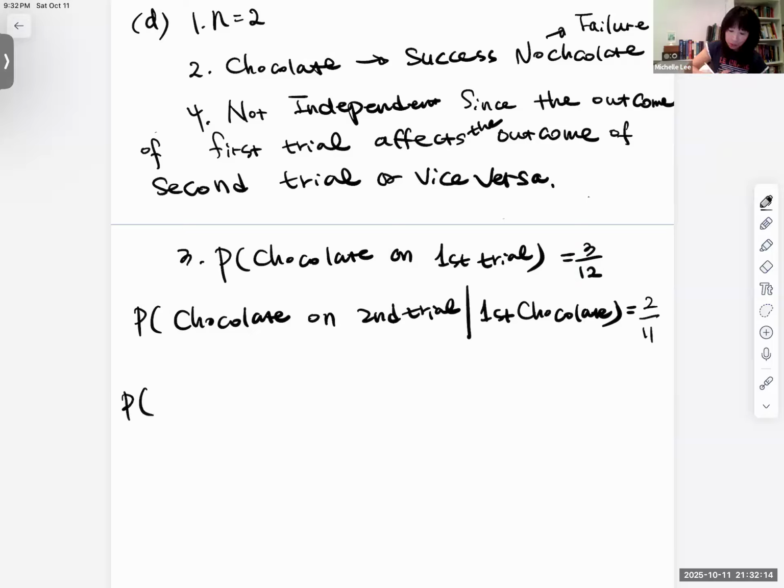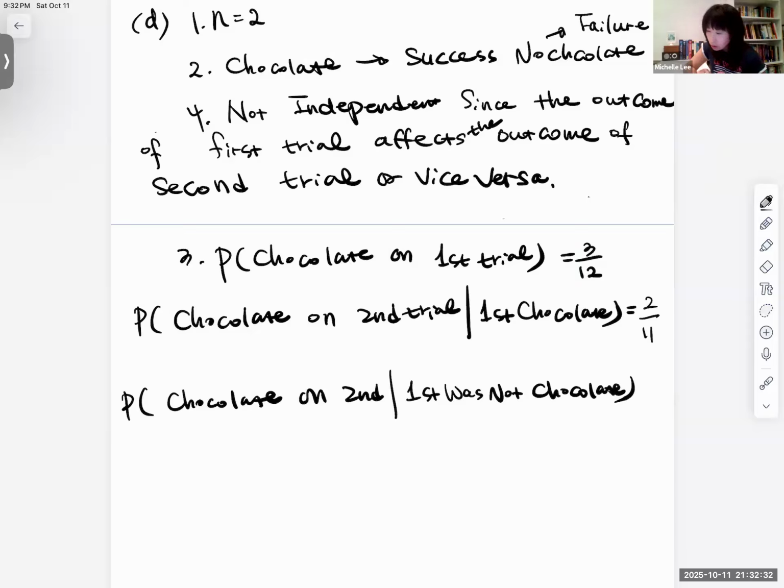Okay. What's the probability of chocolate on the second trial if the first was not chocolate, right? Since the first one was not chocolate, the 3 are still there, right? So 3 out of 11, right?